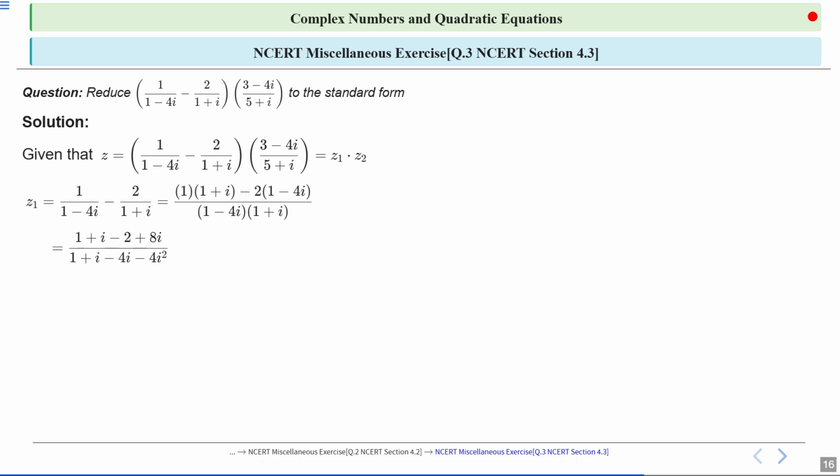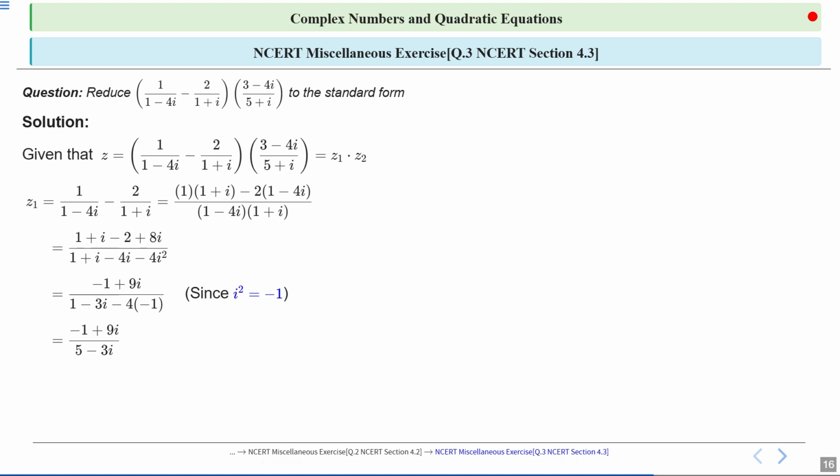Let's expand the numerators and the denominators. So the numerator becomes 1 plus iota minus 2 plus 8 times iota, and the denominator becomes 1 plus iota minus 4 times iota minus 4 times iota square. Now let's simplify further. The numerator simplifies to minus 1 plus 9 times iota, and the denominator simplifies to 1 minus 3 times iota minus 4 times minus 1, since iota square is equal to minus 1.